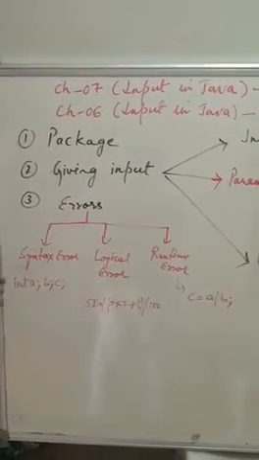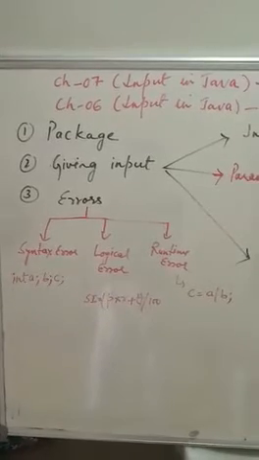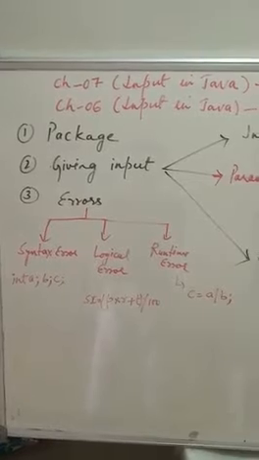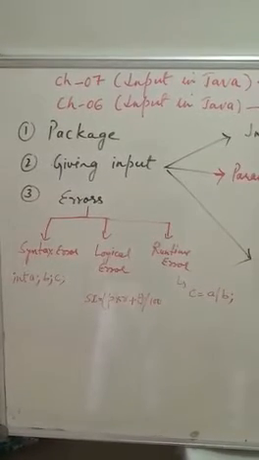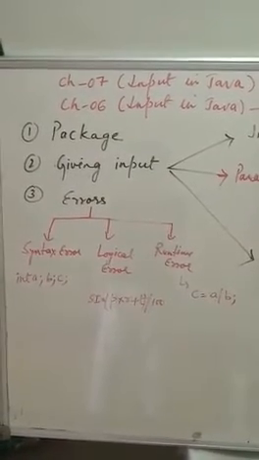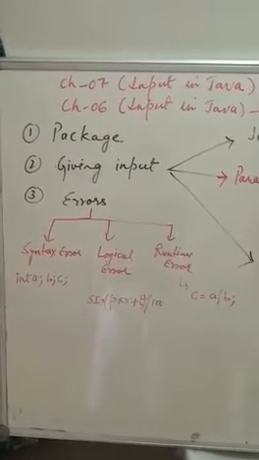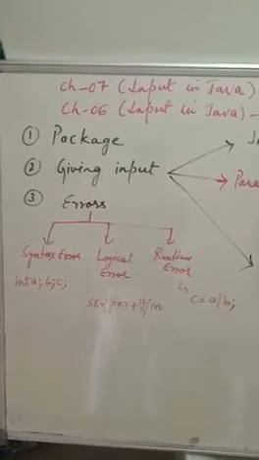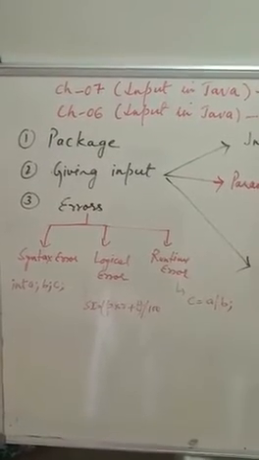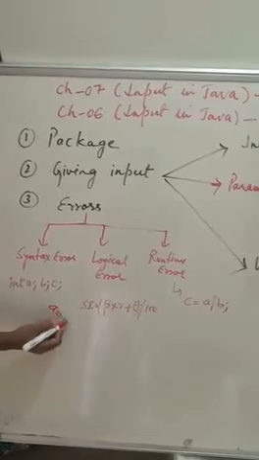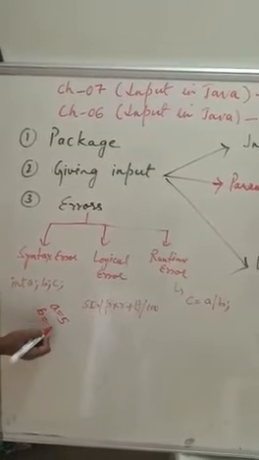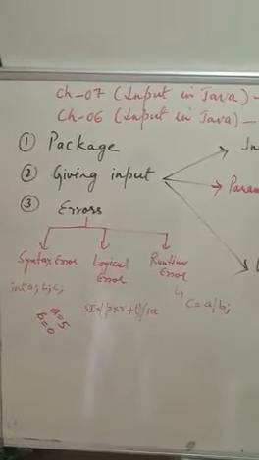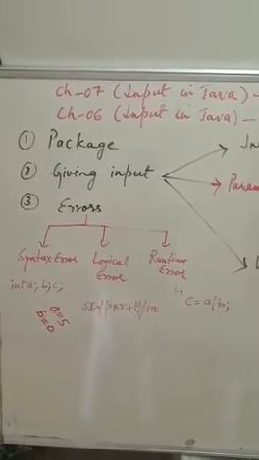And the third category is the runtime error. This error occurs during the runtime, during the execution of the program. For example, c = a / b. This is a very simple formula. Suppose we are taking the values of a and b during the runtime. If a user enters a = 5 and b = 0, then the formula becomes c = 5 / 0, which is wrong.